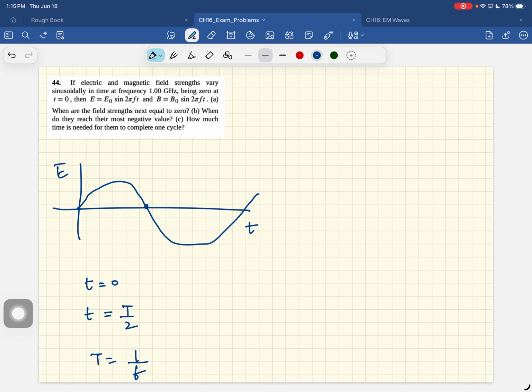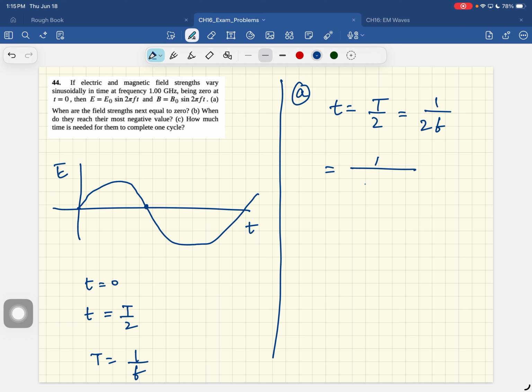Let me show you that antenna. See, here's those ring antennas.